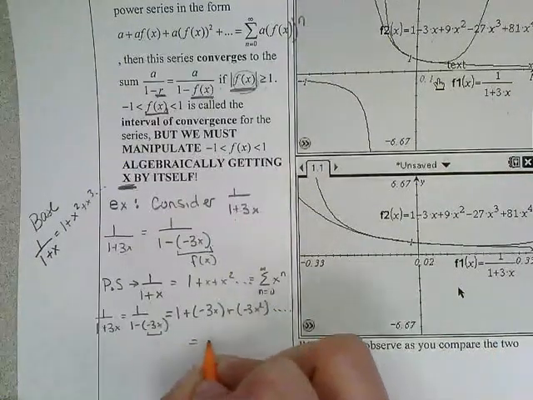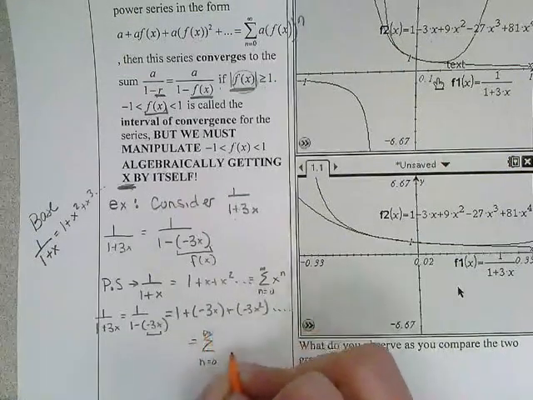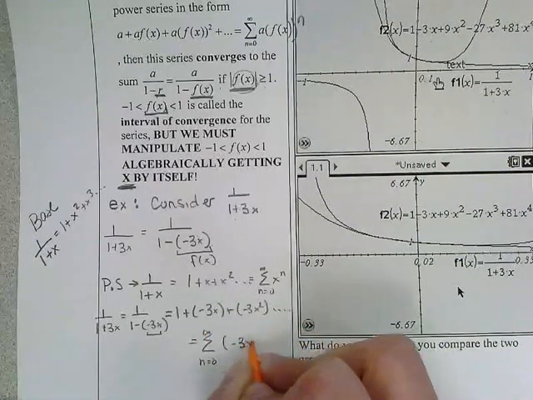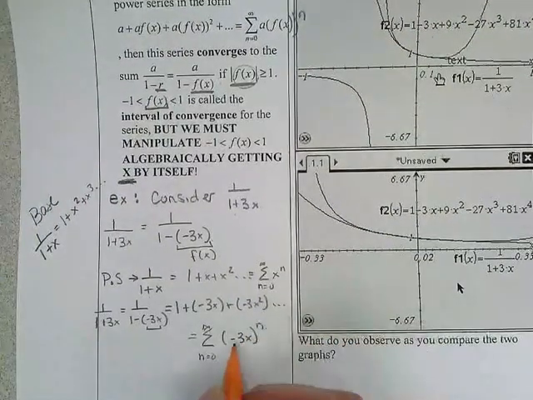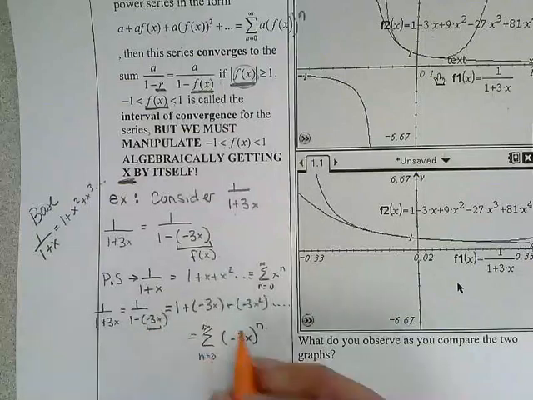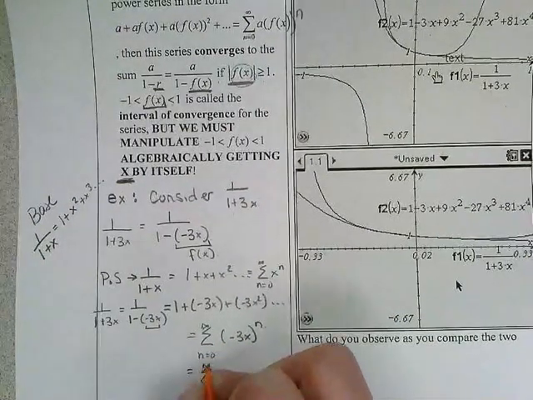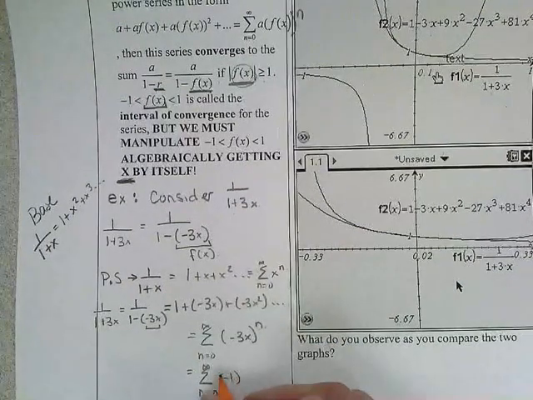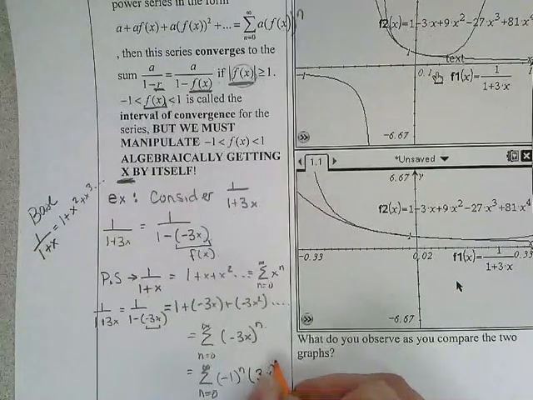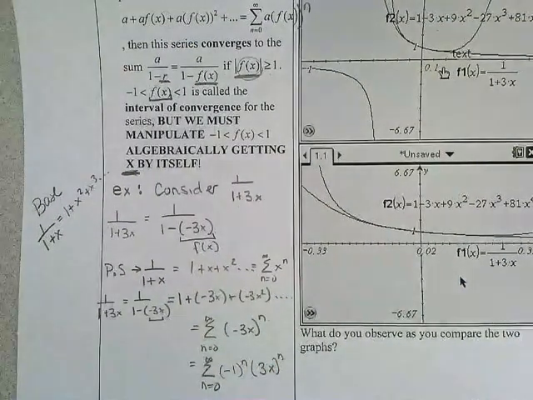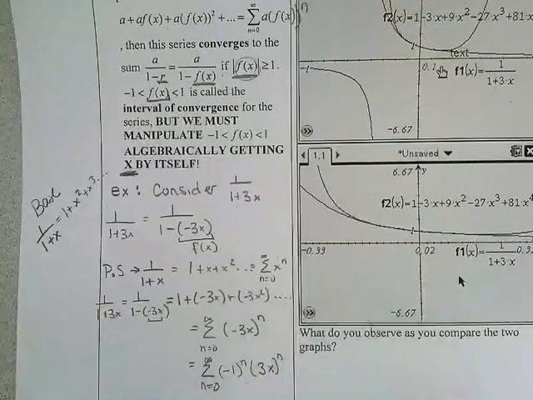So we get a sigma notation, n equals 0 to infinity, of just negative 3x to the n. Now remember, because it was a negative, technically we can rewrite this the way we have been normally, but it's negative 1 to the n, 3x to the n. It's the same thing. So this and this are the same exact thing.